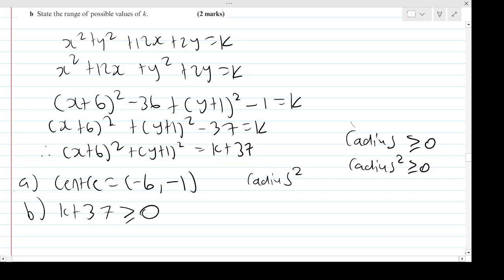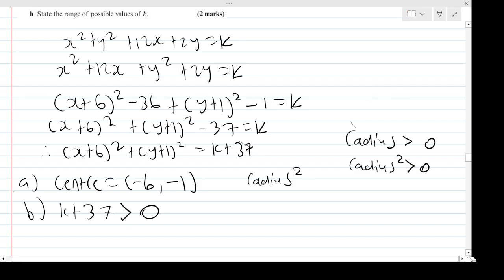Well, actually, no. It has to be above 0, because if it was equal to 0, the radius would be 0, and that means you wouldn't have a circle. So the radius has to be positive in order for it to actually be a sensible circle. So actually it has to be greater than 0, in order for the radius to be a positive quantity. And the radius squared will therefore be positive as well.